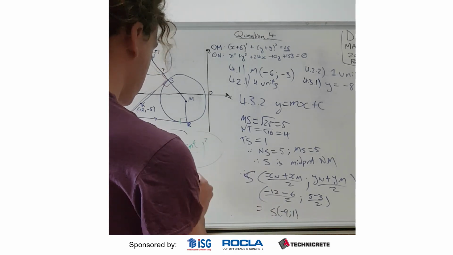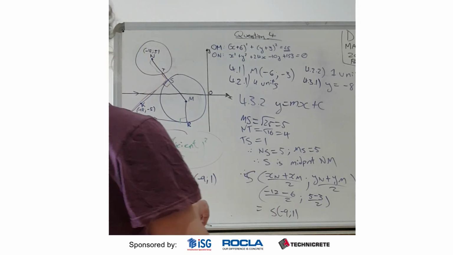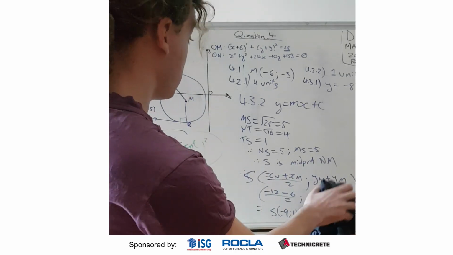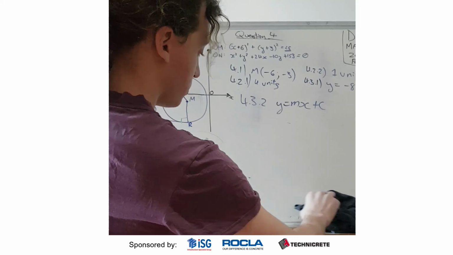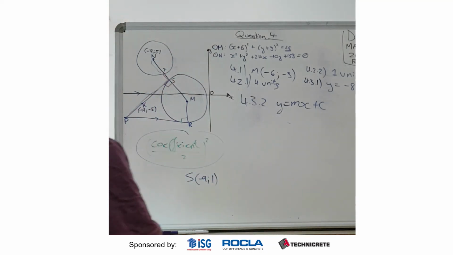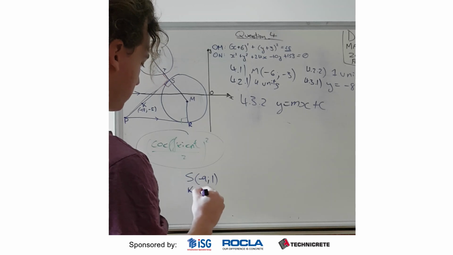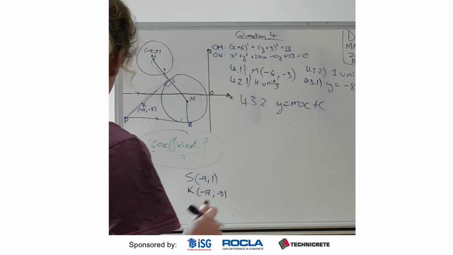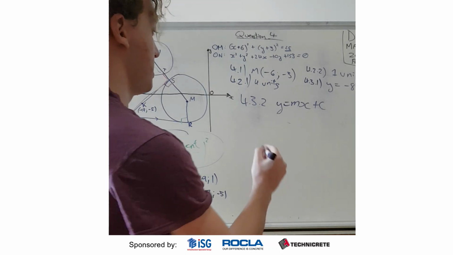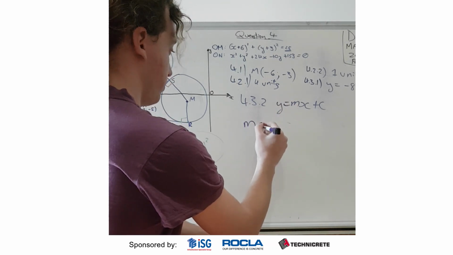Let me just erase most of this quickly. The reason why this is so useful is now we have 2 points on a line. So let's have K, it's -17, -5. If you have 2 points on a line, you can calculate the entire line. So what's the gradient of the line?